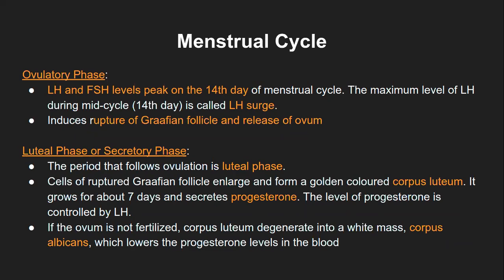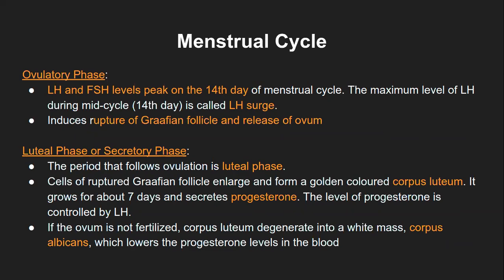So that is the inducing of rupture of the Graafian follicle and release of the ovum. Remember, ovum does not mean the final ovum here, but it is still at the premature stage of meiosis 2, like we had seen in the case of oogenesis.